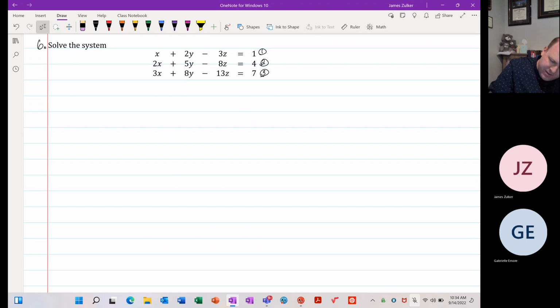Let's do negative 2 times the first equation plus the second equation. Negative 4 plus 5 is 1, so we get y. 6 minus 8, we get minus 2z is equal to 2.